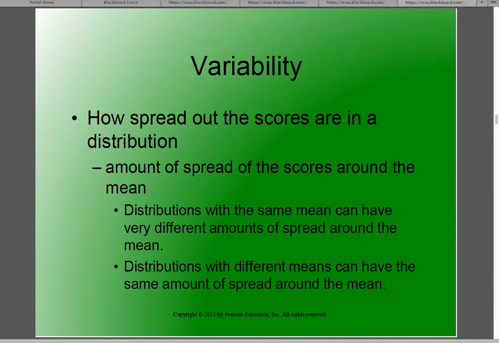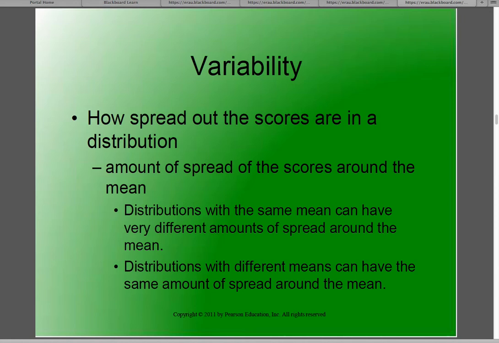Variability is the other descriptive statistic that is fundamental to everything that we're going to do in this course. The mean and variance are part of calculations for statistical models and regression and analysis of variance.